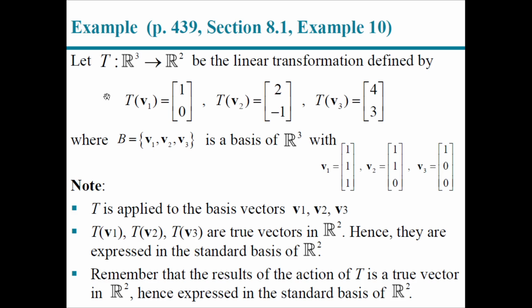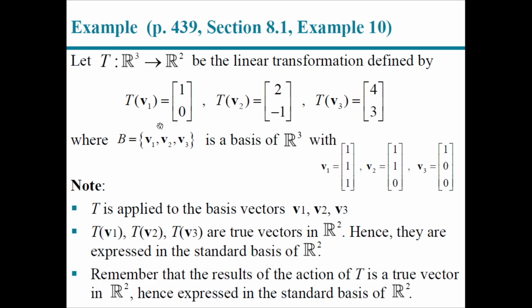It's a mysterious one. We don't even know what the expression of it is, we know nothing. All we know is the result of the action of the mysterious linear transformation on the basis vectors of the basis B from R3.